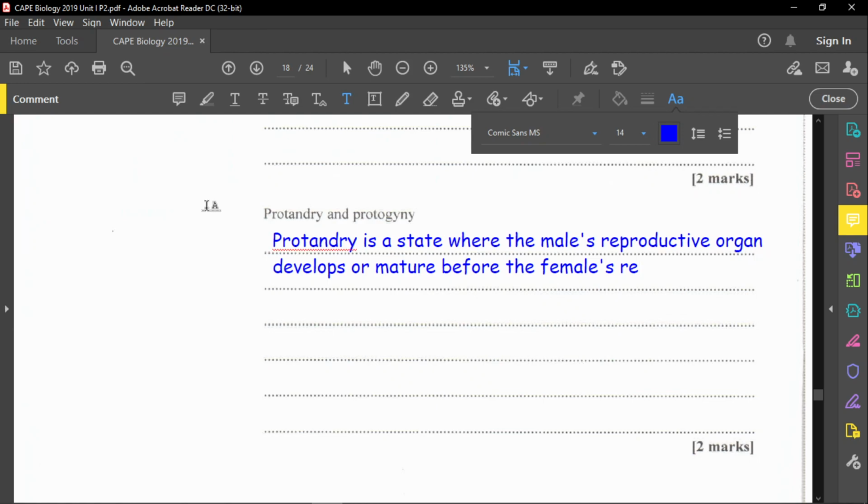Let's take out the apostrophe s's because it's the same flower. So where the male reproductive organ develops before the female reproductive organ.